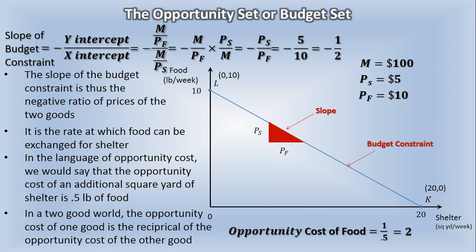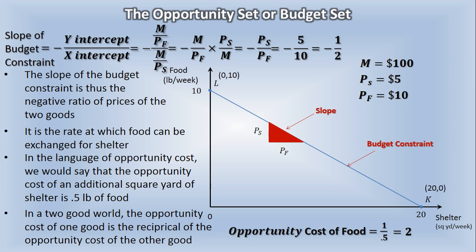Now, the slope of the budget constraint represents the relative price of the 2 goods, also known as the opportunity cost of the goods. So if we look at the slope, in this case, we found it to be -1/2.